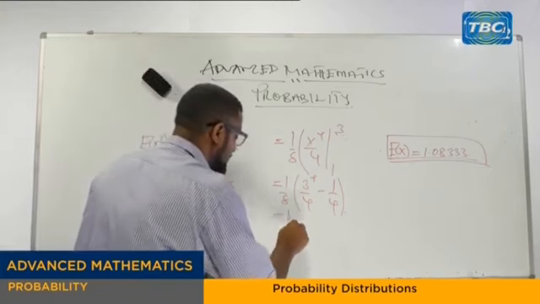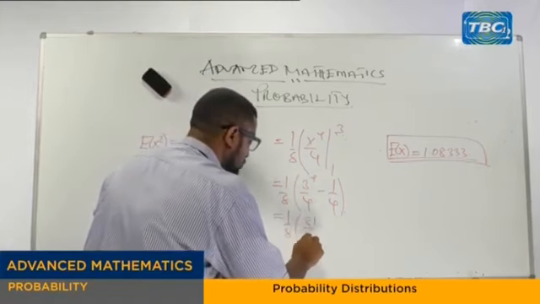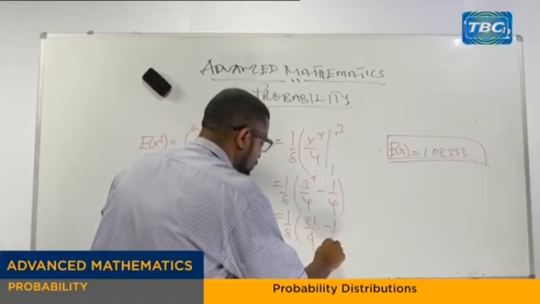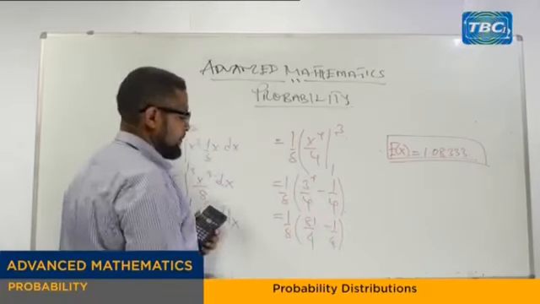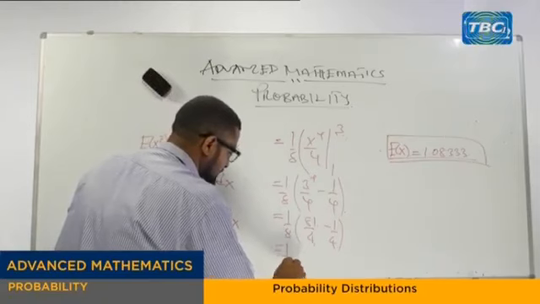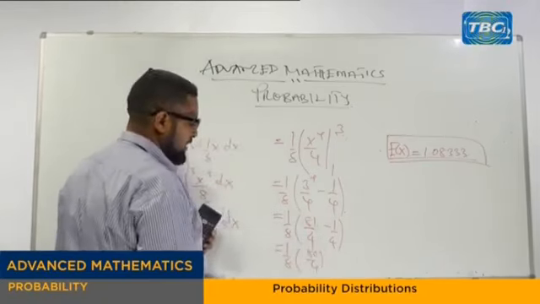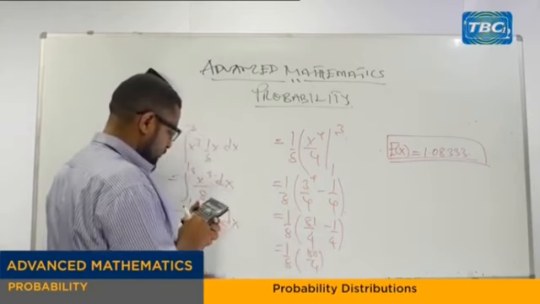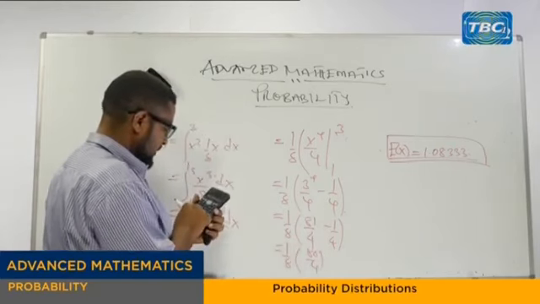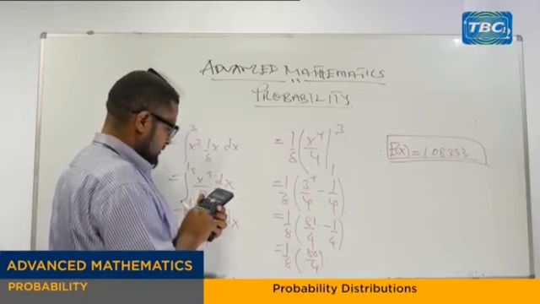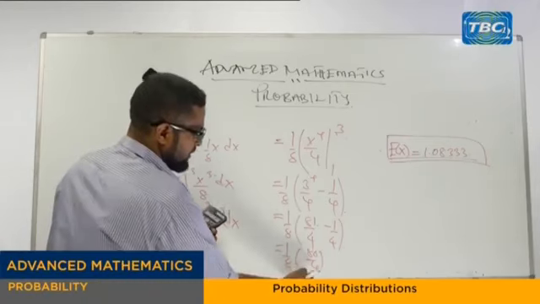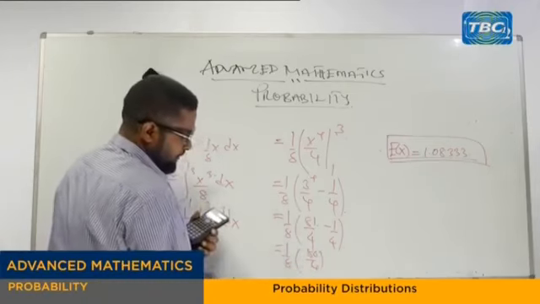So 1 over 8, 81 over 4 minus 1 over 4. So 1 over 8, it's 80 over 4. When you simplify, you get 1 over 8 times 20.